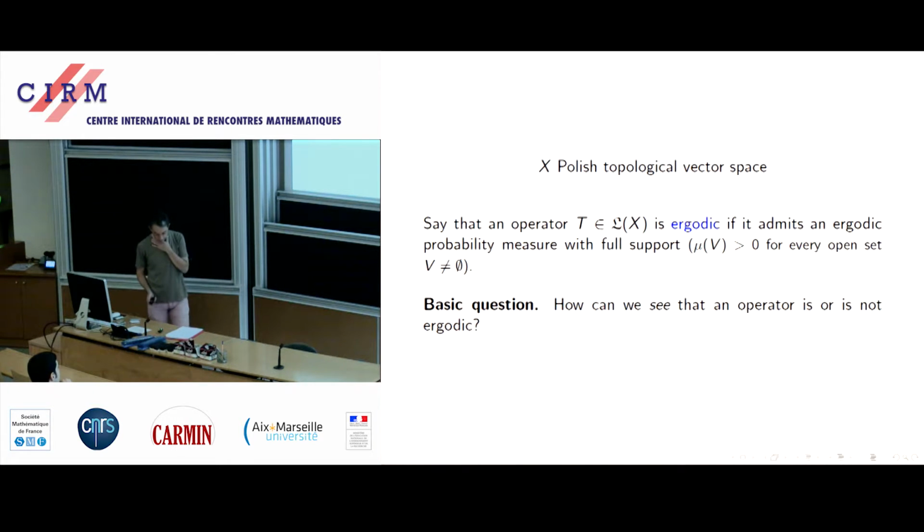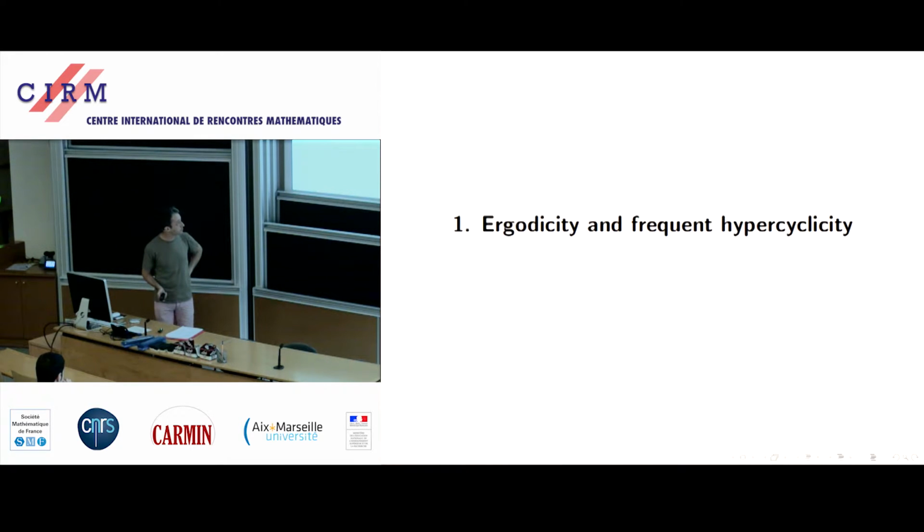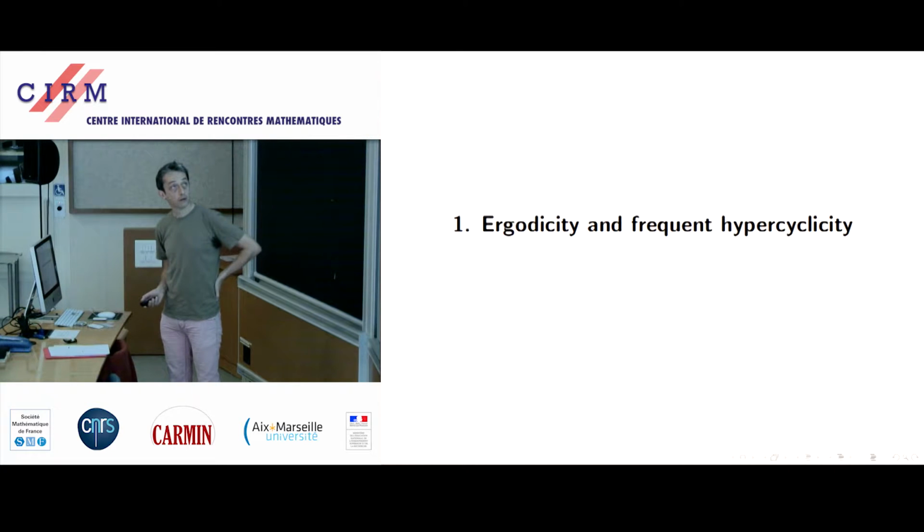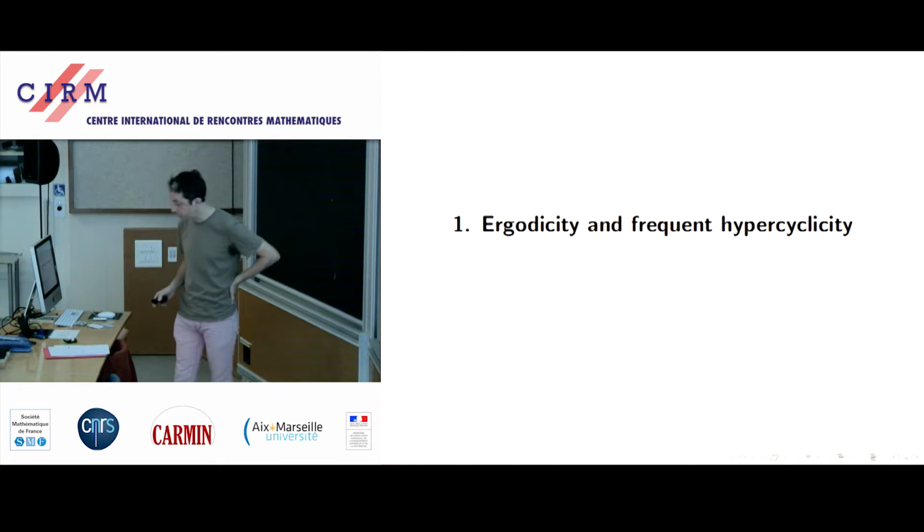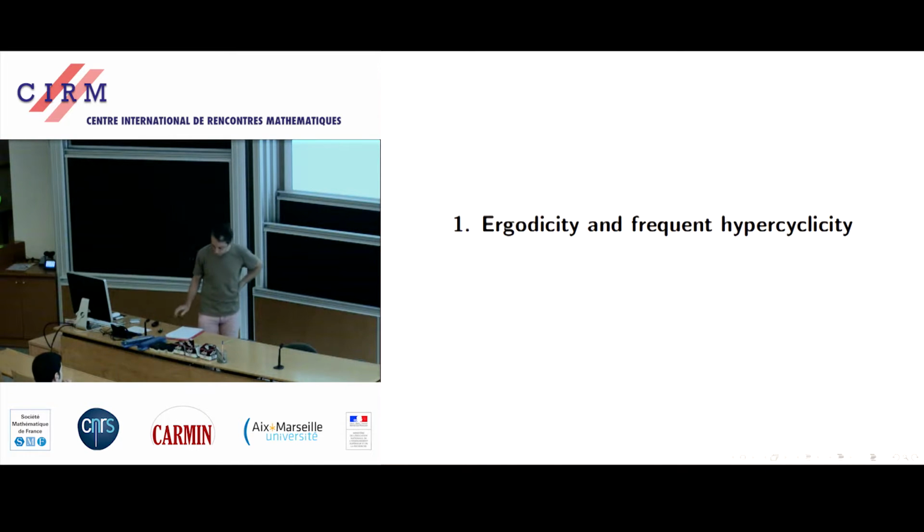Okay, so there will be 3 parts in the talk, and the first part has to do with frequent hypercyclicity. You all know the definition now of a frequently hypercyclic operator. Anyway, I would like to introduce a few notations.